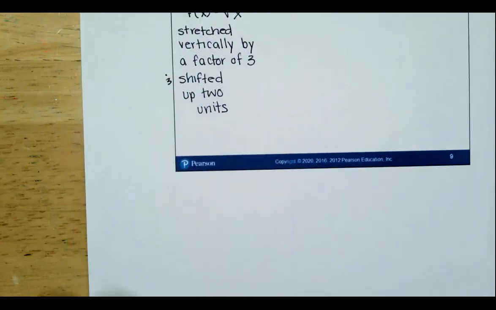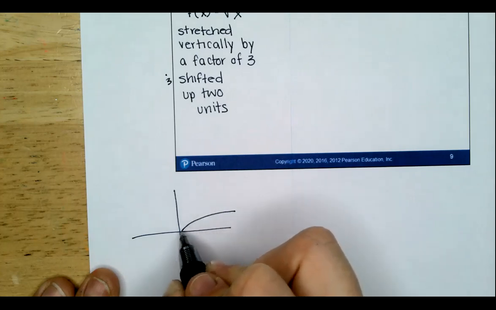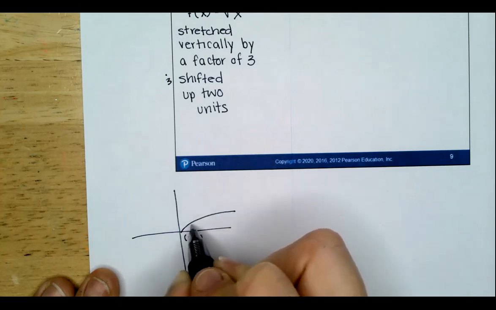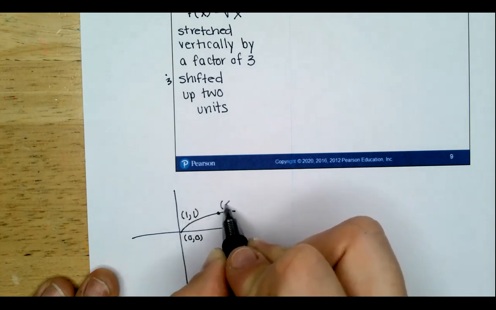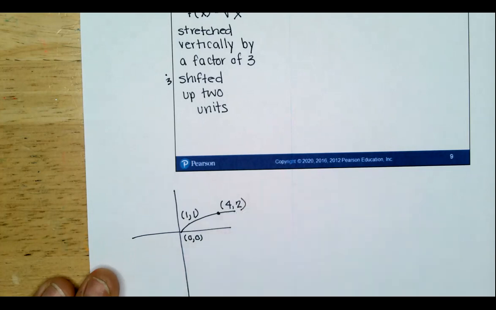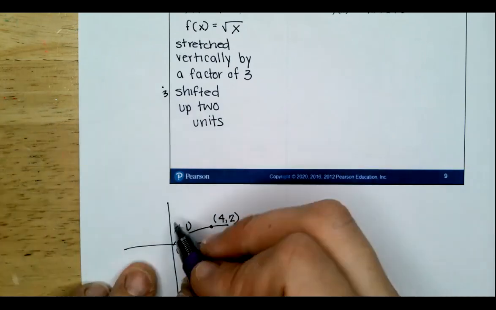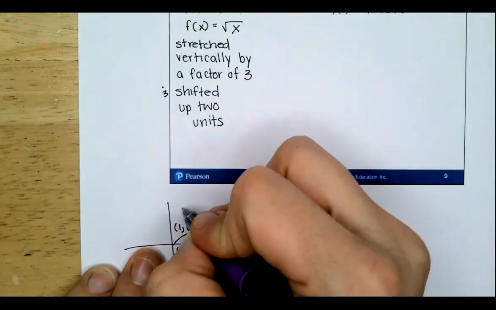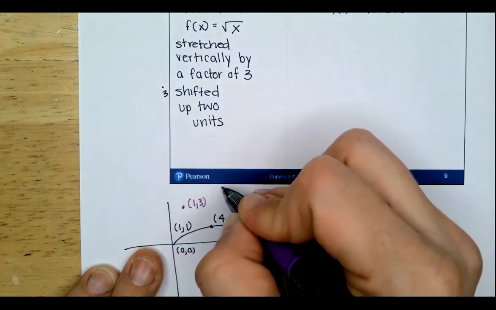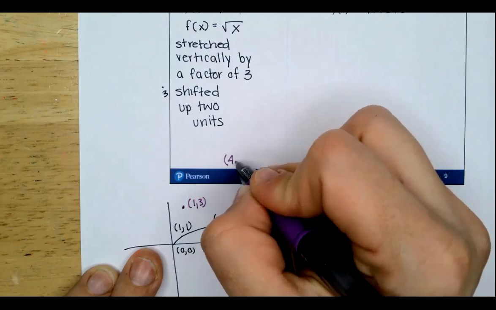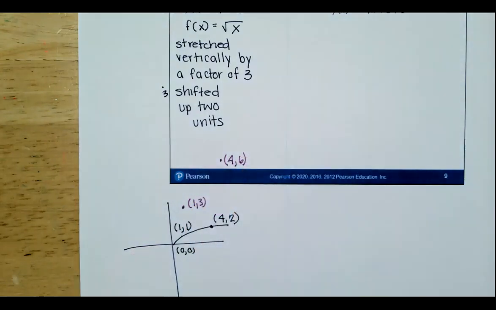Good. So here's our original, right? We have (0, 0), (1, 1), (4, 2). Stretched vertically by a factor of 3. So that means all of those now go up 3. So that's (1, 3). And then this is (4, 6). And then shifted up 2 units.